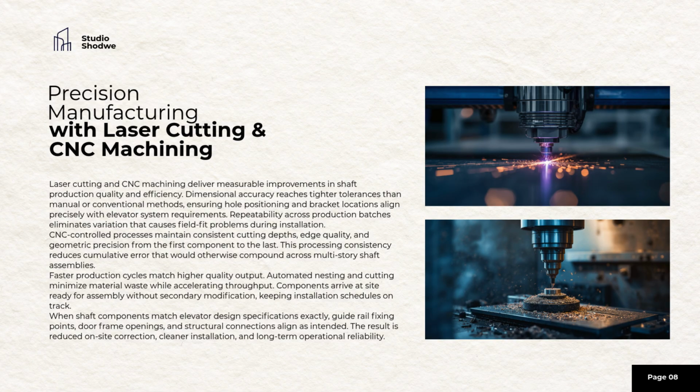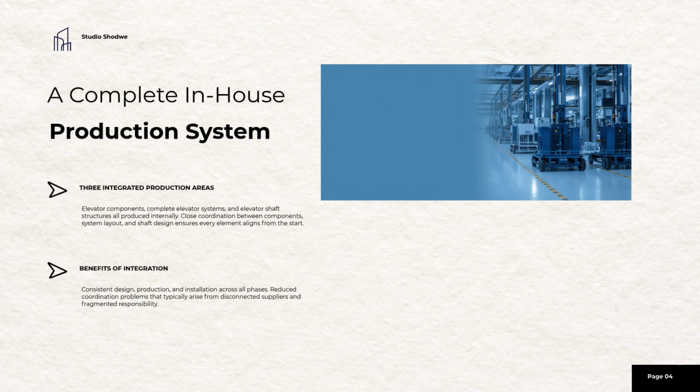A complete in-house production system. EKCNE now operates a more complete in-house production system, covering three major areas: elevator components, complete elevator systems, and elevator shaft structures. These three areas are closely connected. Elevator components affect system configuration. The complete elevator system determines layout and installation requirements.